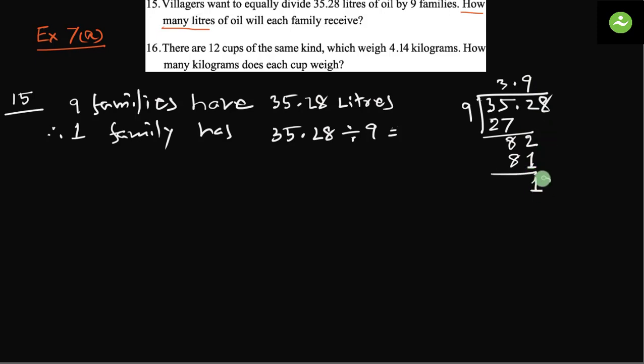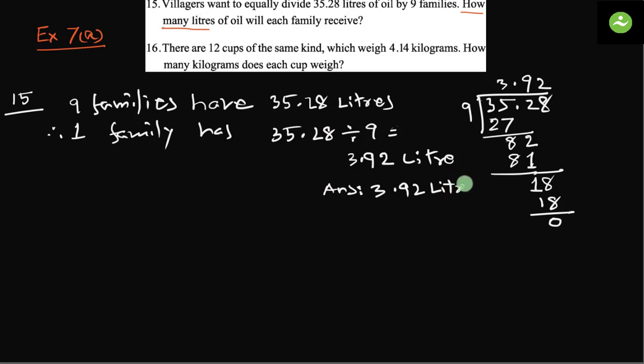Bring down 8. 9 into 2, 18. No remainder. The answer should be 3.92 liters. Answer: 3.92 liters.